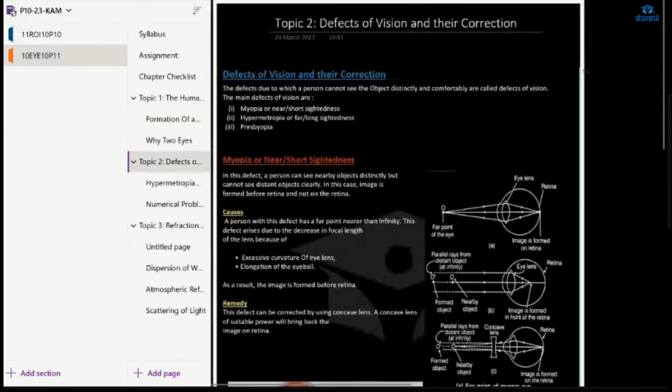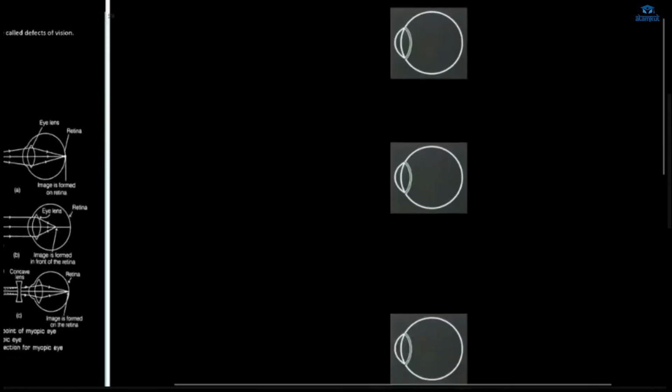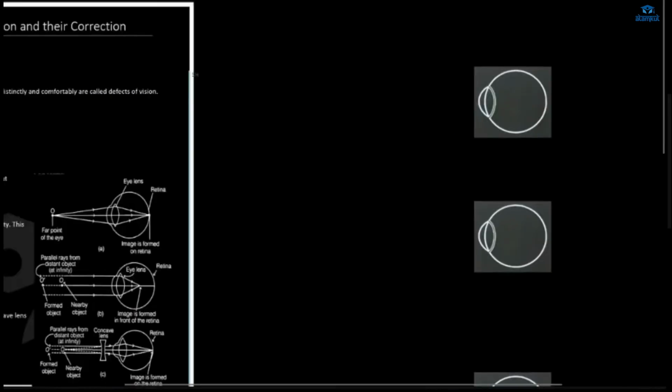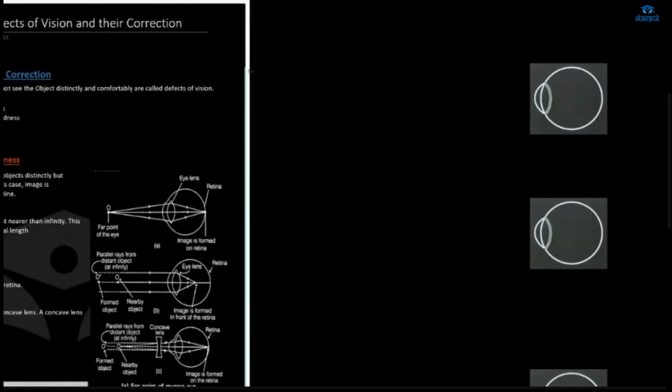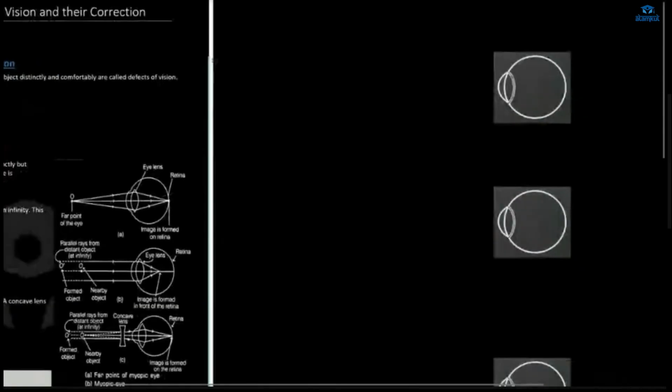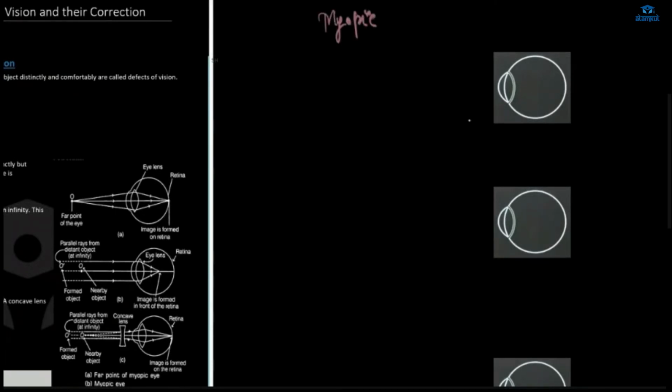Okay. Now we will study the defects of vision. How will we study the defects? First, we will see the corrected eye, how we see things. Myopic eye means nearsightedness, meaning we can see nearby things properly. Now, what about far away things?